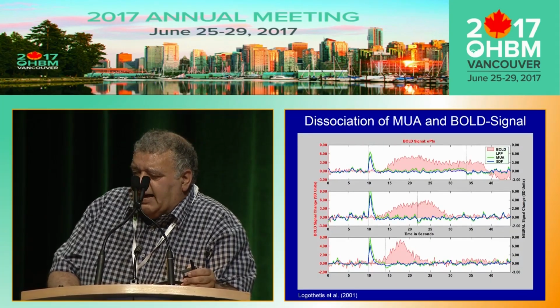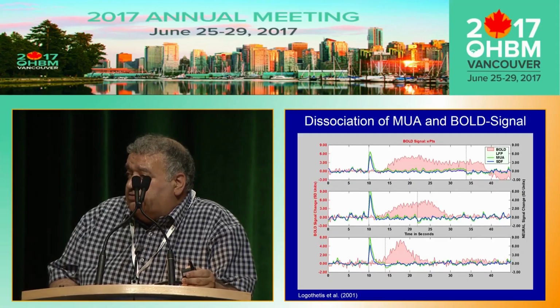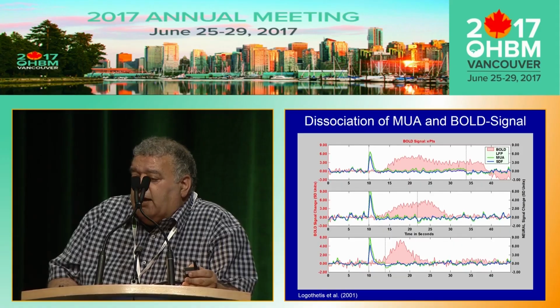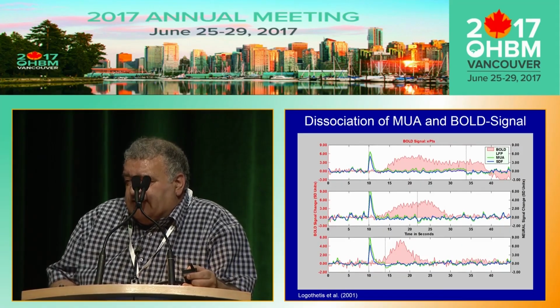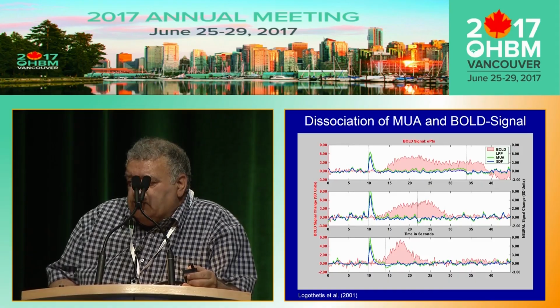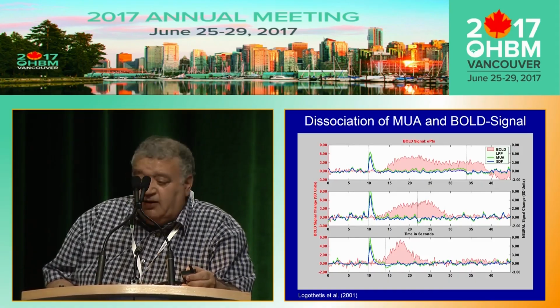So in this slide, we see again a response to rotating checkers in the visual cortex. The electrode is in V1, and the duration of the stimulus changes from 24 seconds on the upper panel to 12 seconds in the middle panel and 4 seconds at the bottom panel.